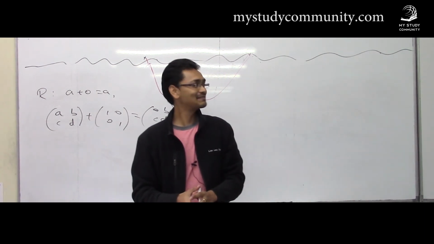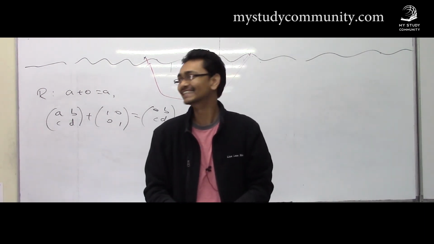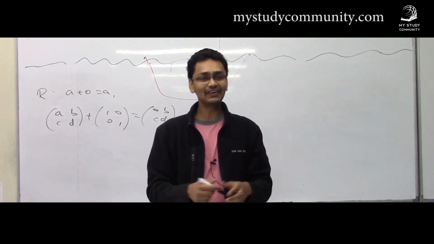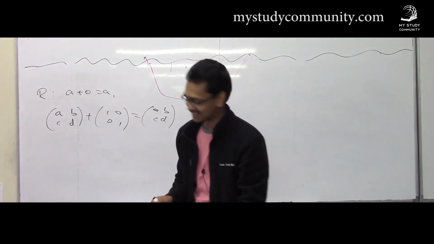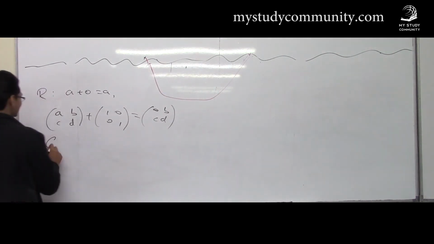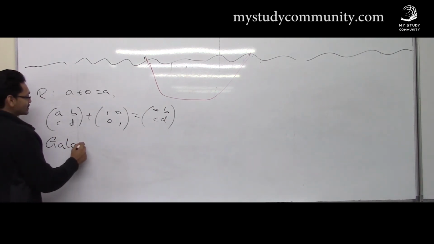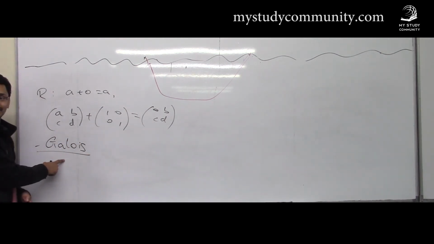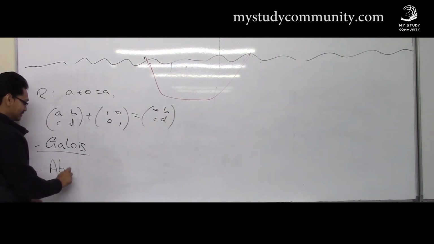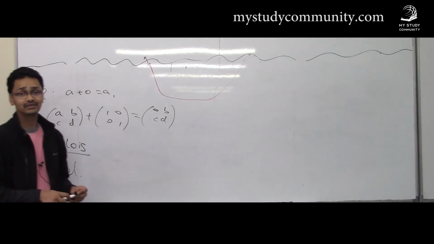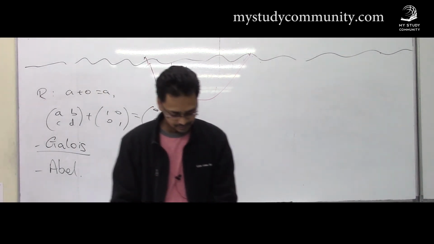I should bring that up tomorrow. So you follow? So Galois is spelled like this, right? Not W-A, right? It's spelled like this. Abel and Lagrange. You all know Lagrange. Great.